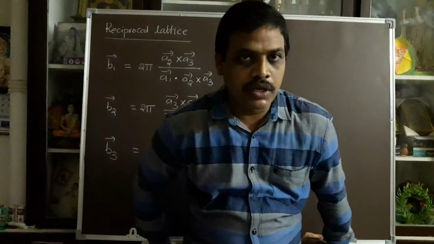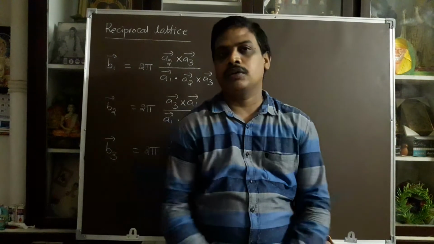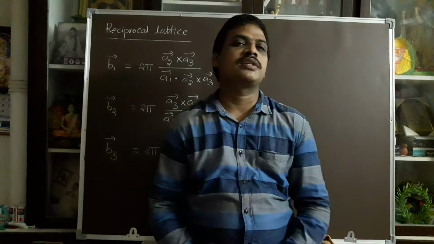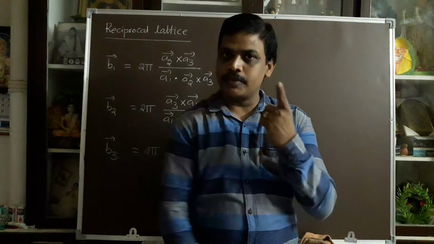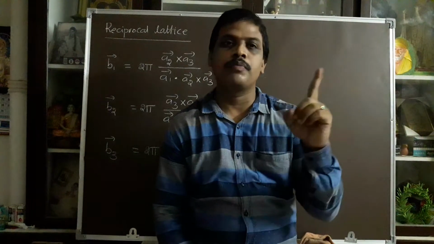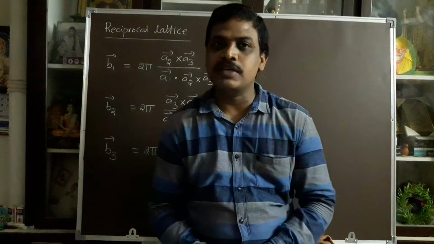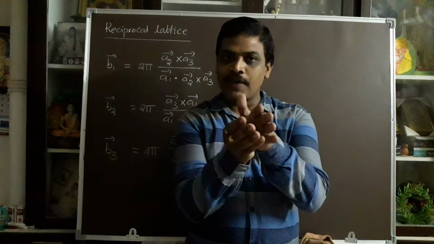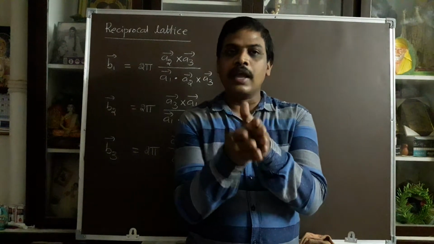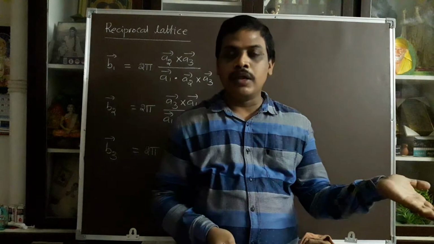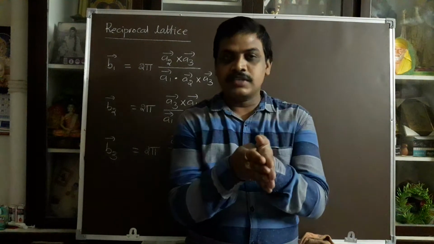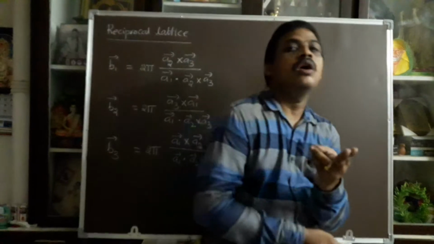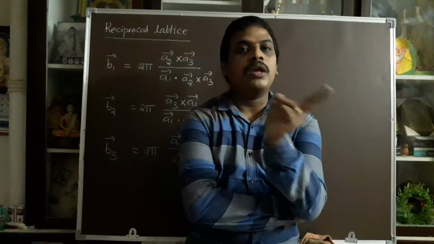In a similar fashion, face centered cubic structure. How many lattice points are there? First of all, a face centered cubic structure is a simple cubic, which has only 1 point. How many faces are there? In a cubic structure there are 6 faces. Every face is common to 2 neighboring unit cells.